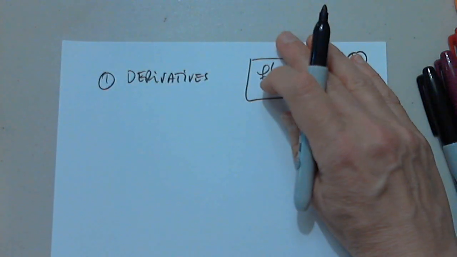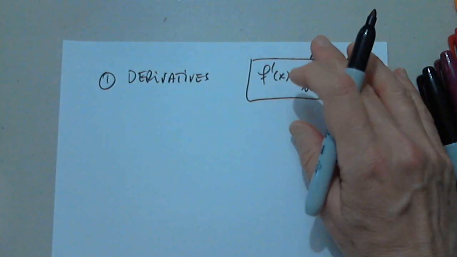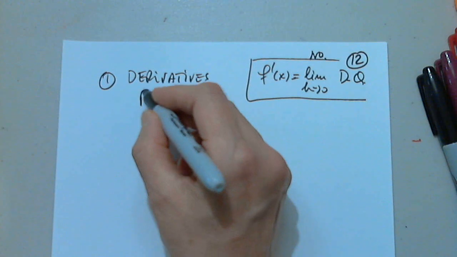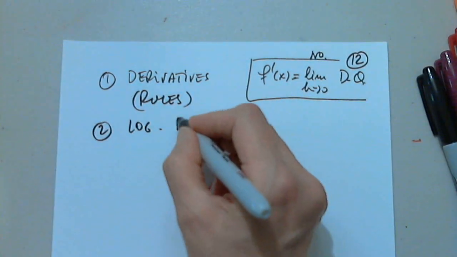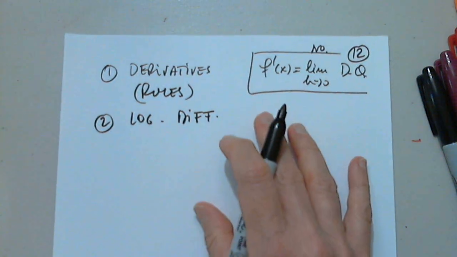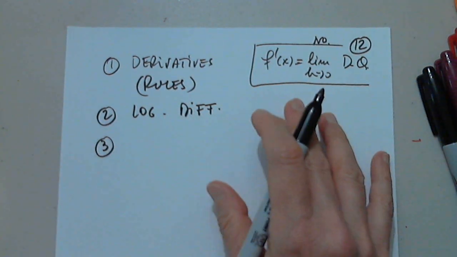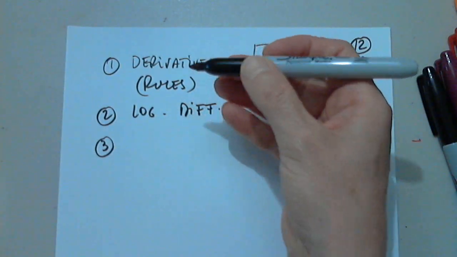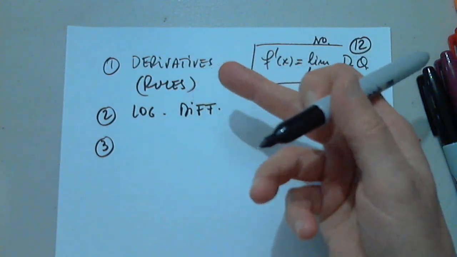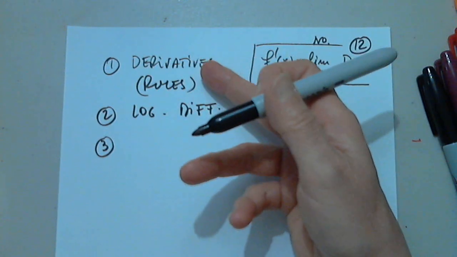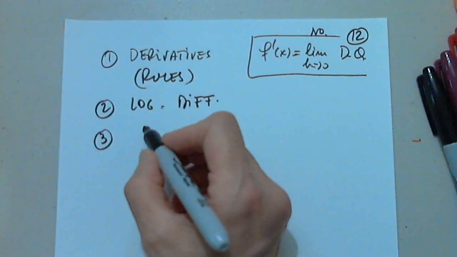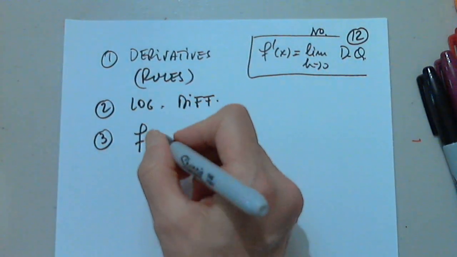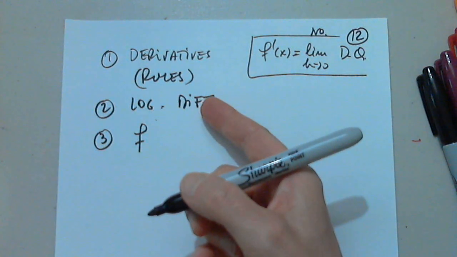You're not going to be asked to use this on this test. Derivatives using rules. Logarithmic differentiation. Of course, all the rules, the product, the quotient, the chain rule, all of them here. So please review logarithmic differentiation.